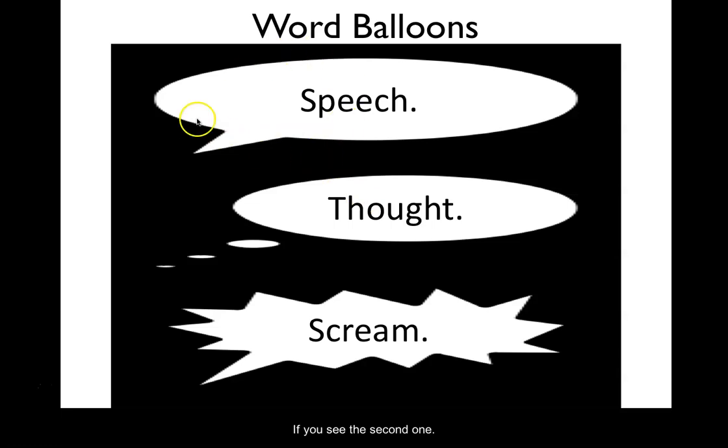The second one, the circle with the 3 dots, represents thought. A character is thinking this. That means usually only you and the character know what is going on. And finally, anything that is loud or broken or contains highlighted words might represent a scream, when the character is yelling their words.